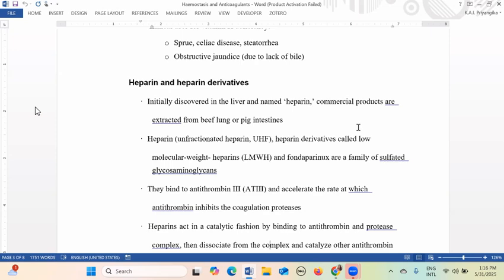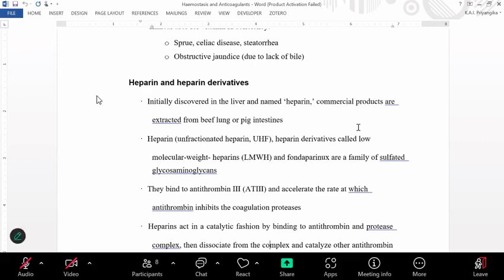Vitamin K is not directly in the process, but for this cascade of events to happen, vitamin K is important. That is why we discussed vitamin K. Now we are going to talk about these anticoagulant drugs. So what do you mean by anticoagulant? What does it imply?